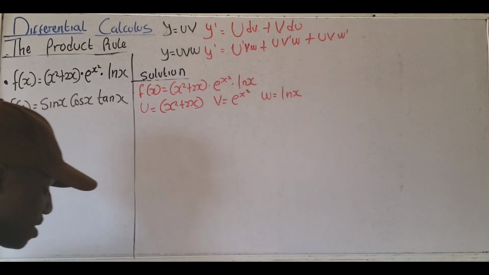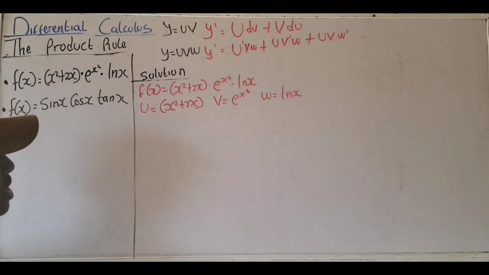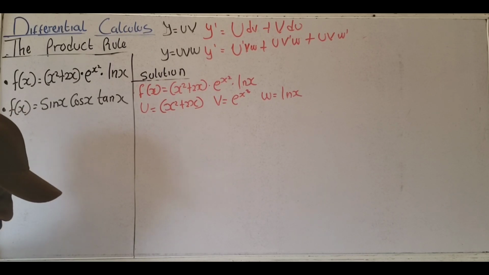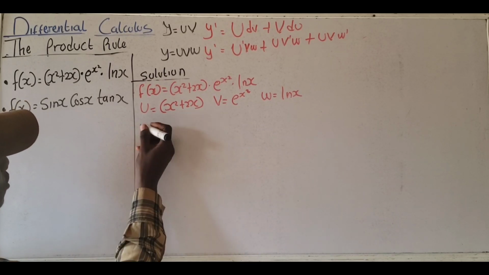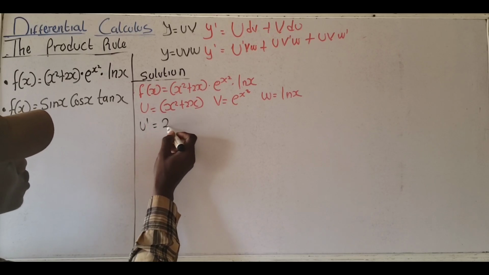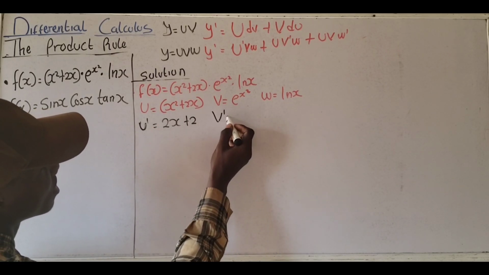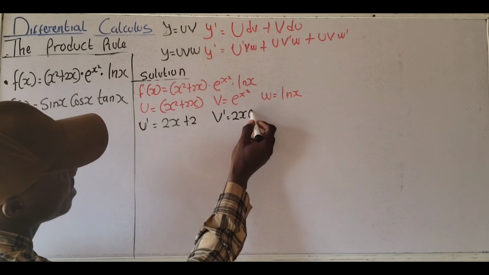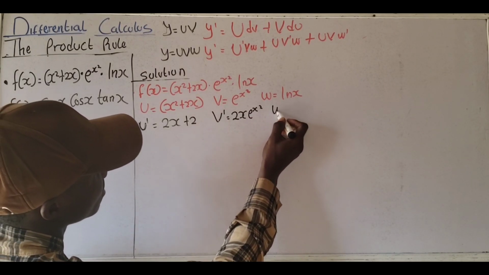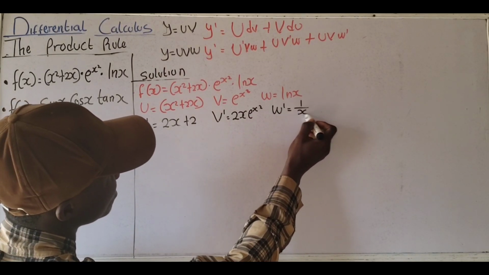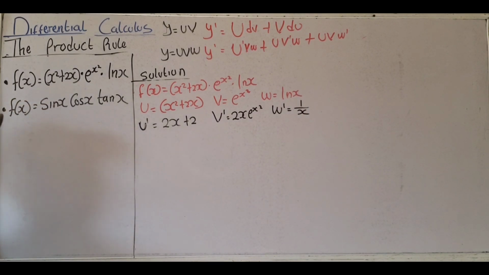Okay? Now, we need the derivative of u, the derivative of v, and the derivative of w as well. So, the derivative of u is equal to 2x plus 2. The derivative of v is equal to 2x e to the x squared. The derivative of w is 1 over x. Okay?